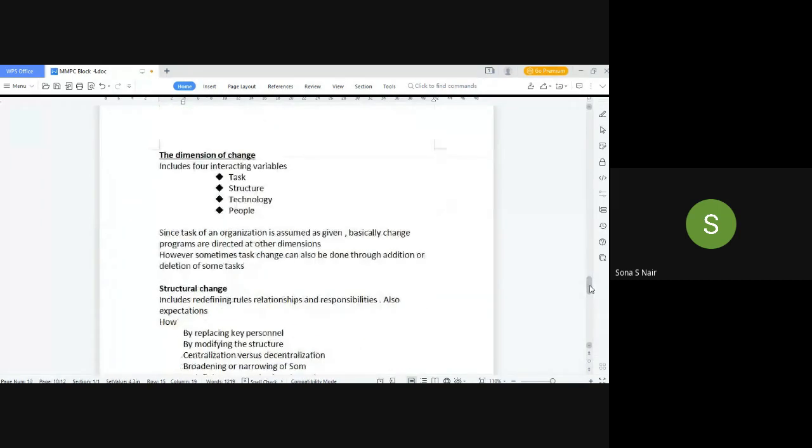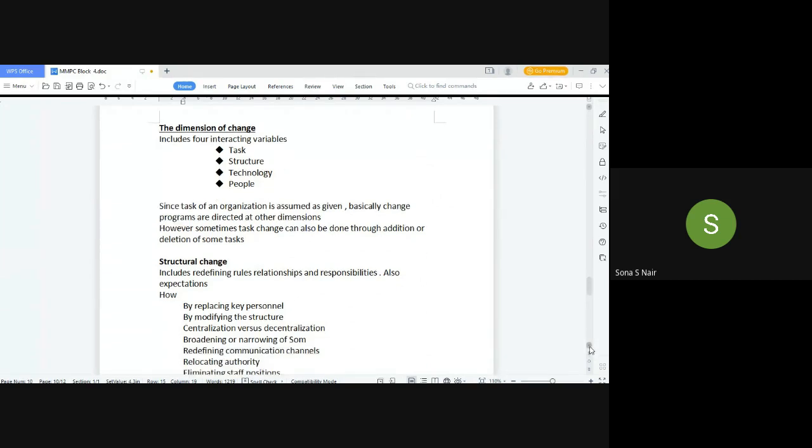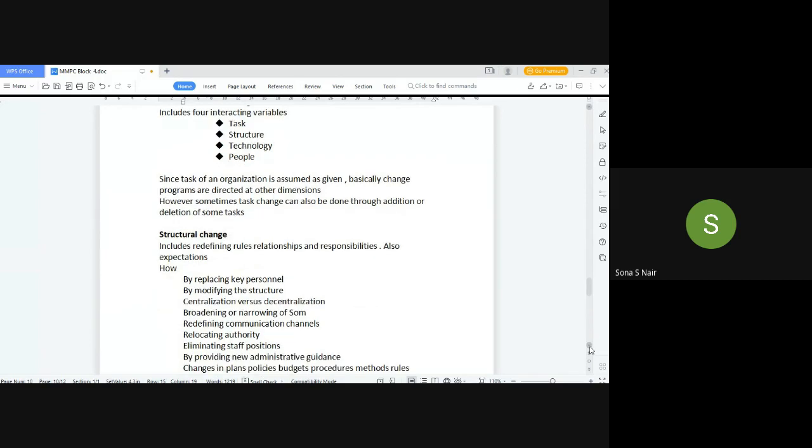So what changes? The structure changes, technology changes, people change. What do you mean by structural change? Structural change means making changes in the overall structure of the organization. Overall structure, remember the organization structure, the chart? Yes.